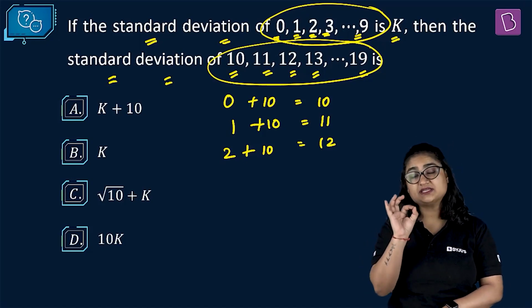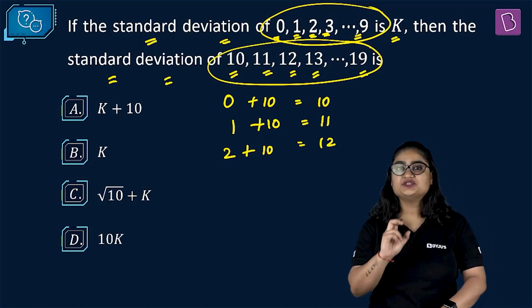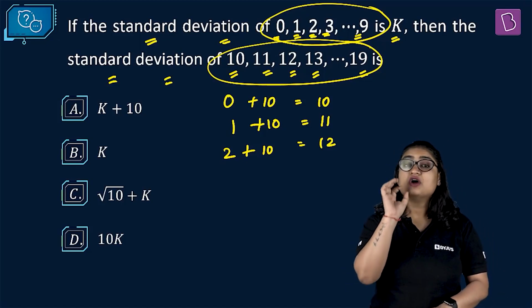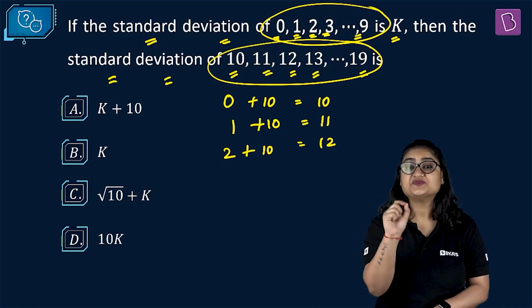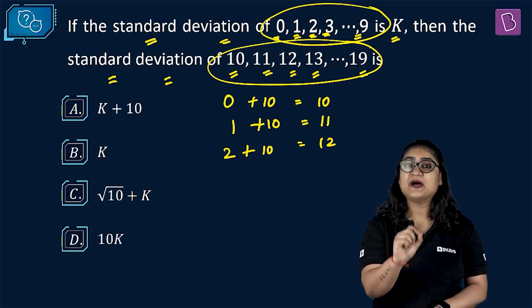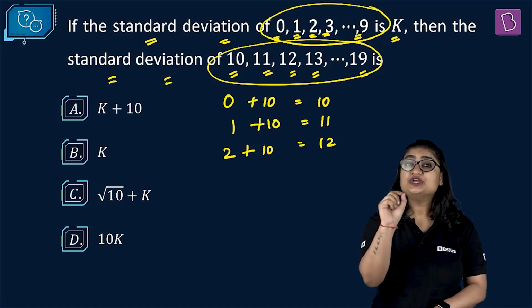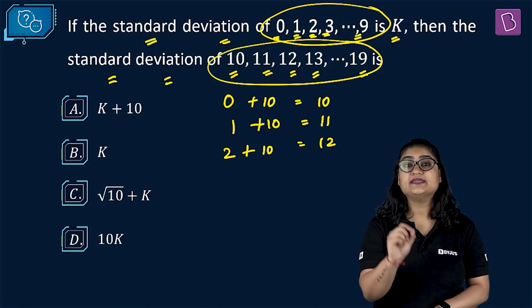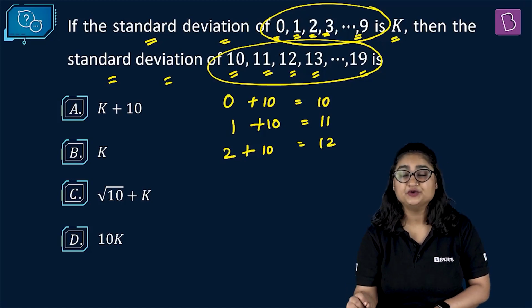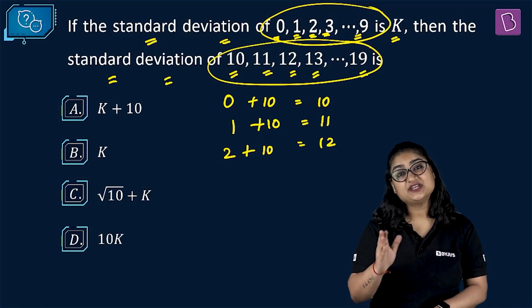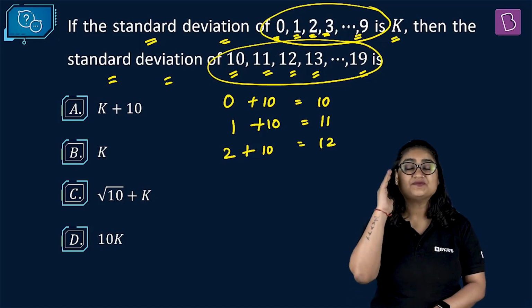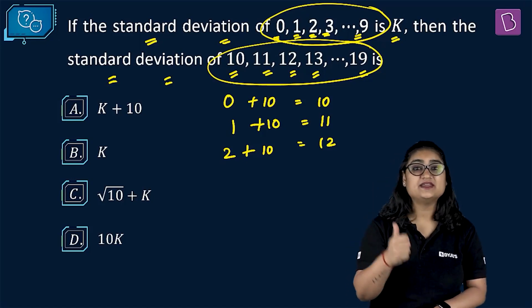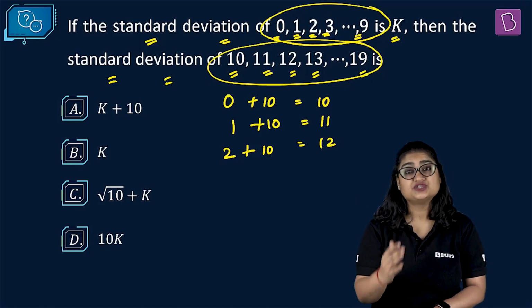Alright, so let me repeat again what is happening between both the sets. Each and every data entry of data set 1 has been increased by a constant number 10 to get the corresponding data entries for data set 2. As we are increasing each and every data entry by a constant number, one small thing that you have to keep in mind is that standard deviation and variance would not change.